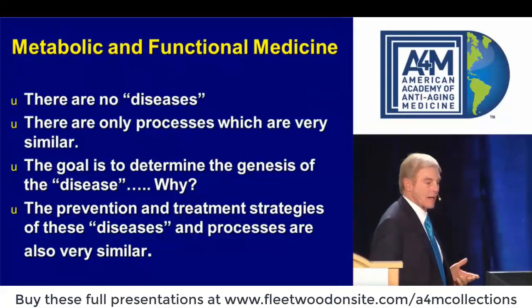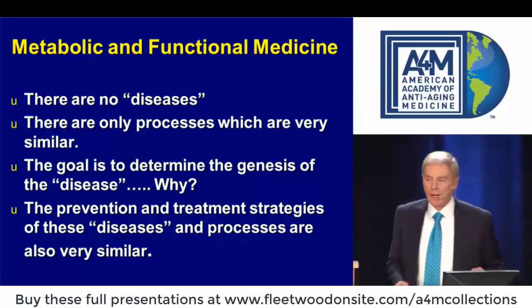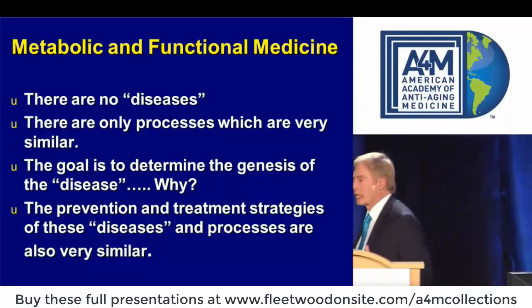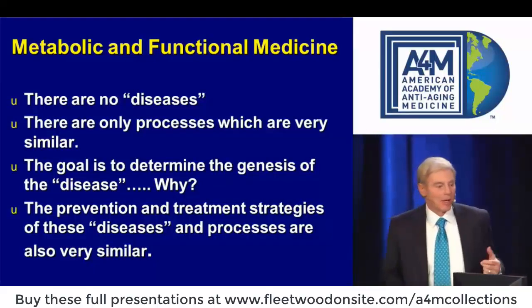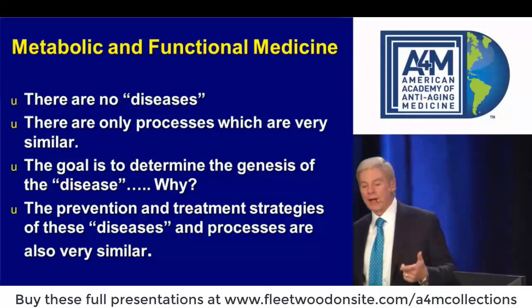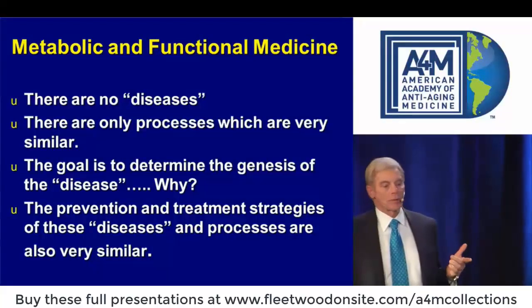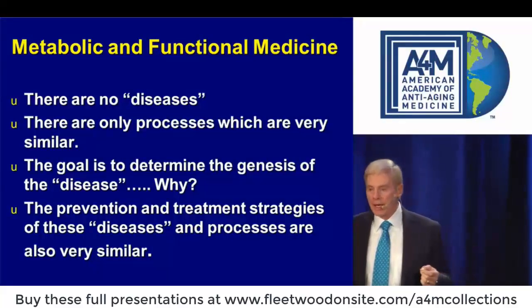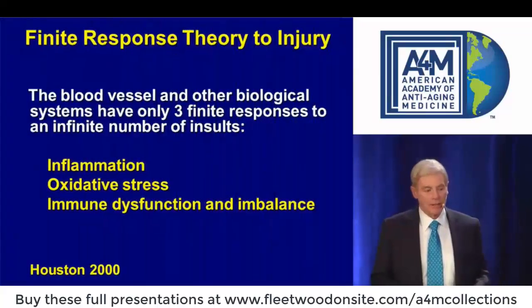We've got to redefine. There's processes, and they're very similar. Our goal is not to really start doing more ICD-9 and ICD-10 codes, but to start determining the reason that patients have what we define as a disease. So prevention and treatment strategies are very important as we go forward in looking at what we have called diseases in the past.